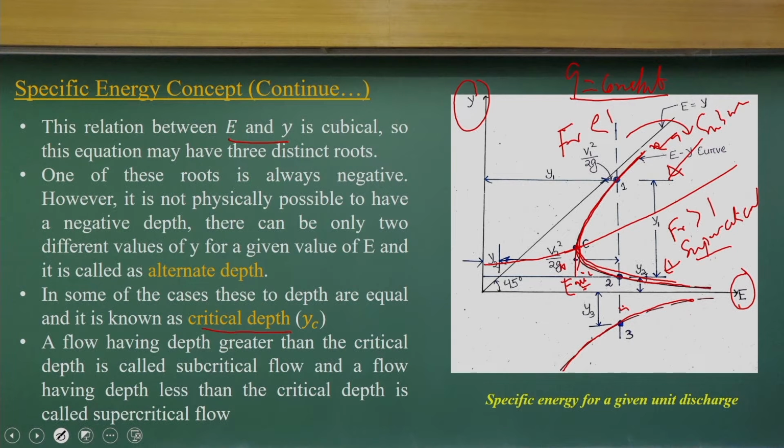Let us understand physically what actually happens. In subcritical flow, the flow depth is more and the velocity head is less. In supercritical flow, the flow depth or pressure energy is less, but the kinetic energy is more. Just try to understand it.